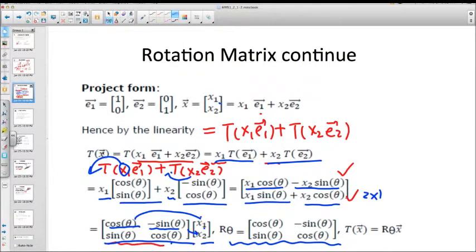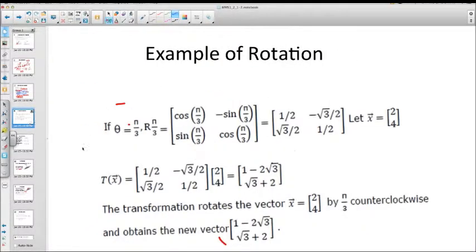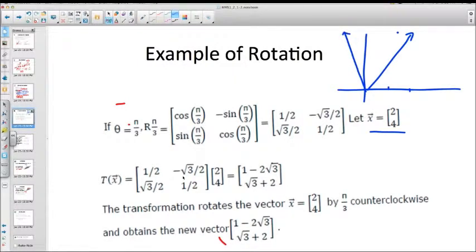So let me show you a simple example. If I have a vector, this is 2, 4. Now I can draw the 2, 4. It is here. If I want to rotate this by pi over 3, it's going to be here. That's pi over 3.